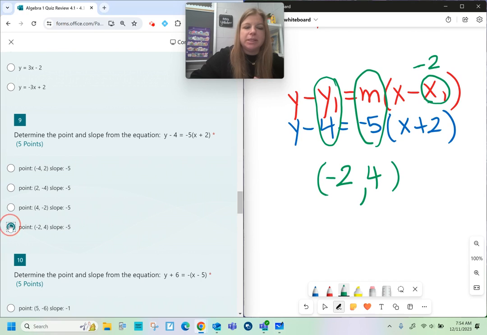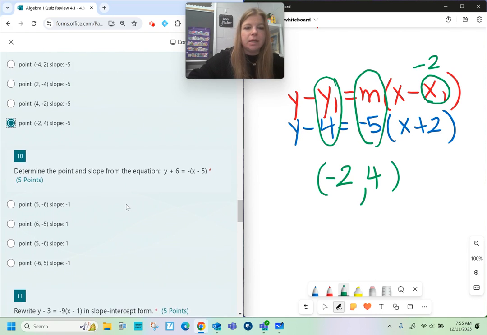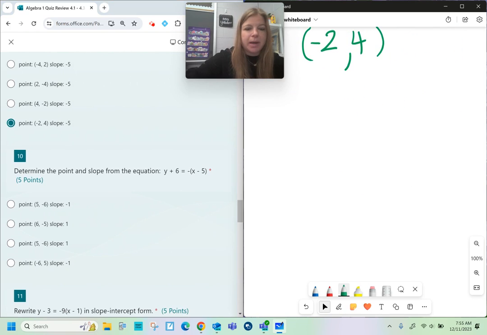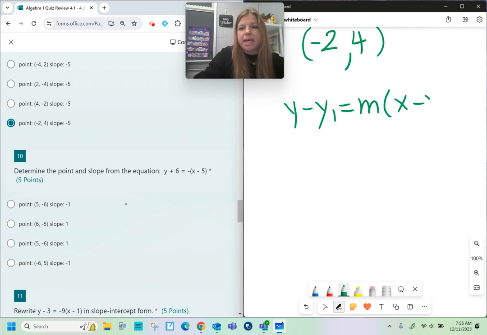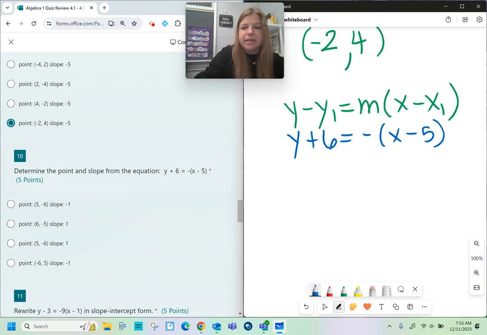It's very important to see the pattern here: when you see y minus 4, the y value is positive 4. If you see x plus 2, that means the x coordinate was a negative 2. It's opposite signs. Now if I do the same thing with the next problem, again y minus y sub 1 equals m times x minus x sub 1, and I look at this equation, y plus 6 equals negative x minus 5, I first see that my slope is a negative 1.